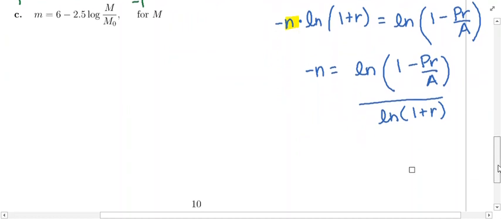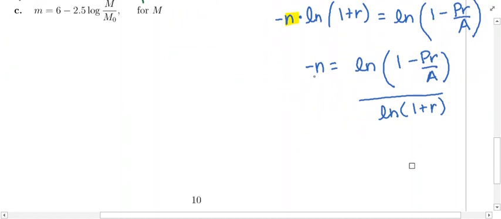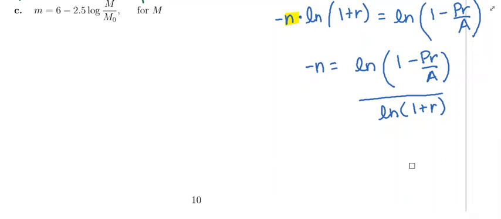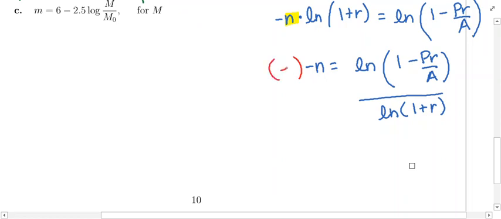We're almost there. We want n, not negative n. So you need to multiply both sides by negative 1, or divide both sides by negative 1. So the answer here is going to be that n, negative times negative turns it positive.